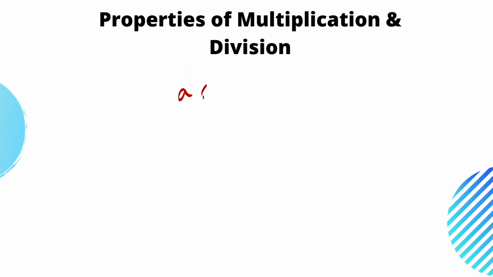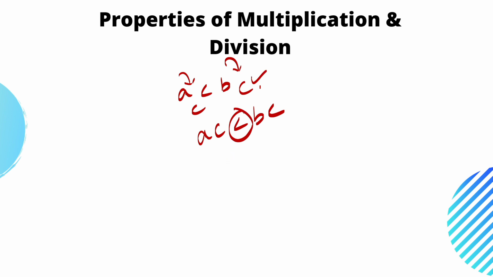And the properties of multiplication and division. So if we say A is less than B, and if we multiply A with C, and also multiply B with C, if C is positive, then AC is less than BC. This condition remains the same. Until C is positive, this sign won't get affected. What happens if C is negative?